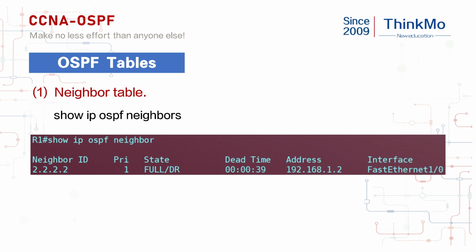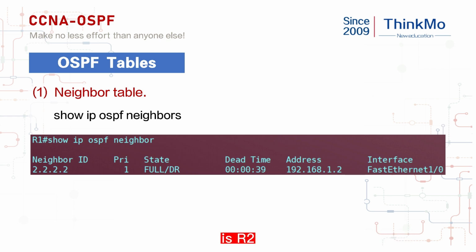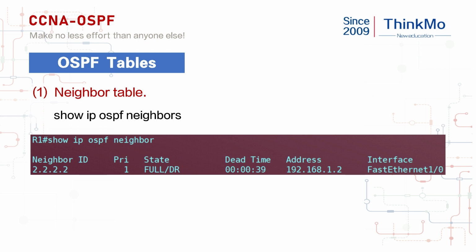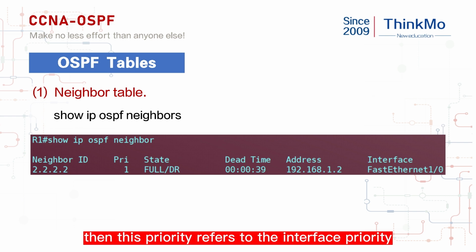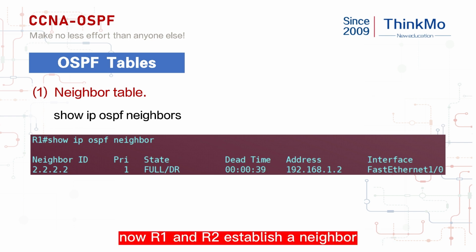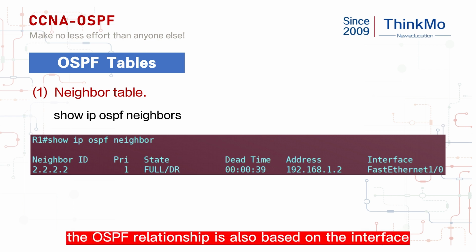Everyone knows this. So 2.2.2.2 appearing here must be from another device, R2. This is called the neighbor's router ID. Below this there is a priority. This priority refers to the interface priority. That is, now R1 and R2 establish a neighbor. Then the OSPF relationship is also based on the interface.